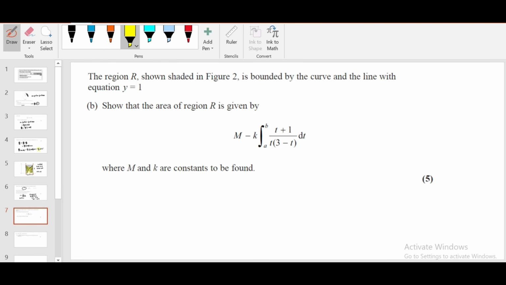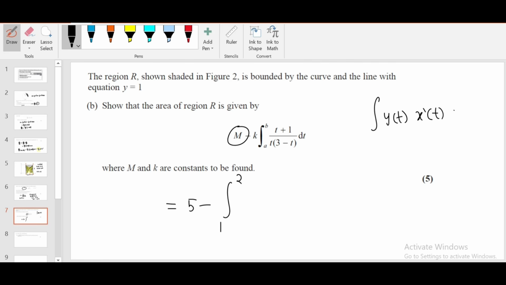So back in here, we can write the area as 5 minus, that's why they put m minus, m is 5, integral the values of t, 1 to 2. The formula to find the area is integral y of t times x dash of t dt when you have parametric equations.